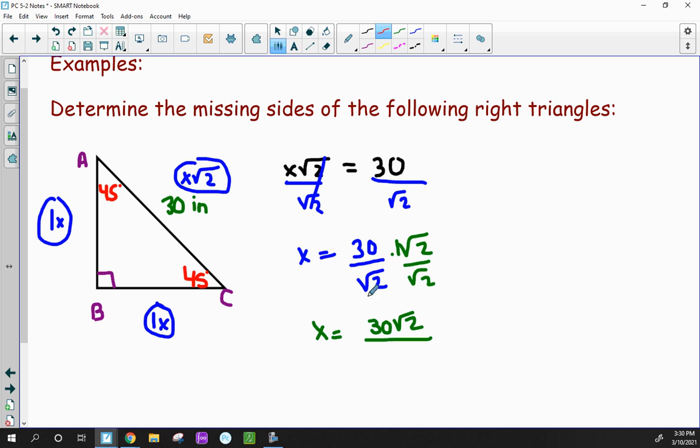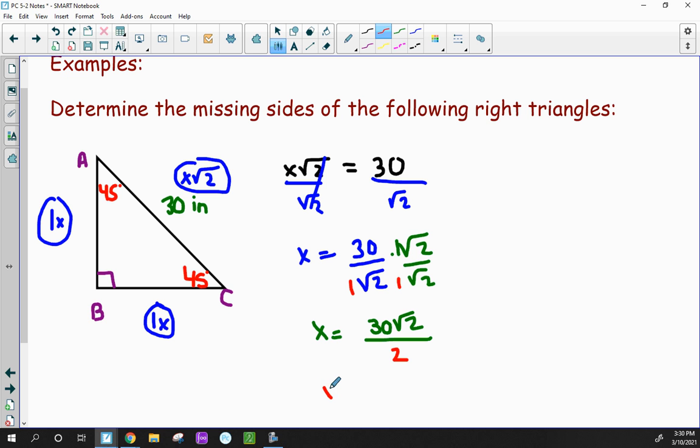On the bottom, you multiply 1 times 1 if you want, you can put a 1 there. Square root of 2 times the square root of 2 is the square root of 4. Remember, you can multiply radicands together. But the square root of 4, we know the answer is just a whole number, it's just 2. It's best if you give me the most simplified answer you can. Square root of 2 times the square root of 2 is just 2.